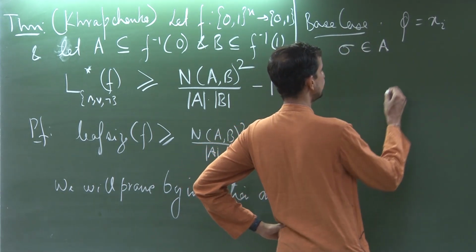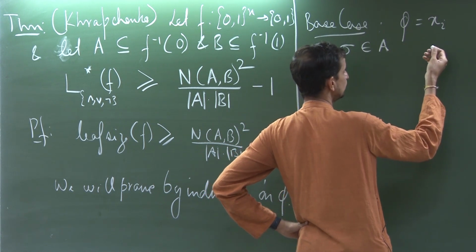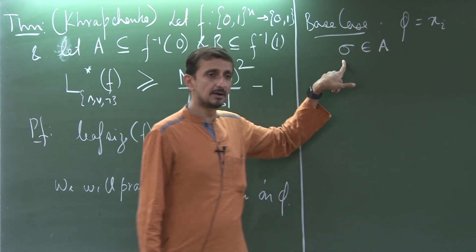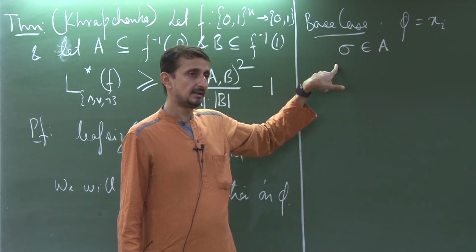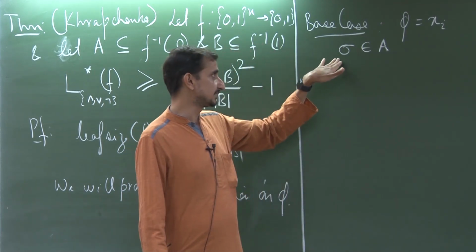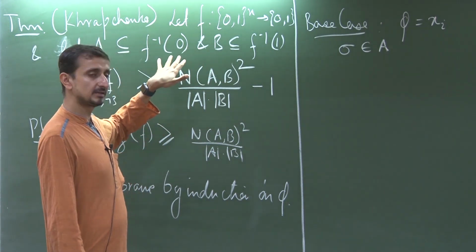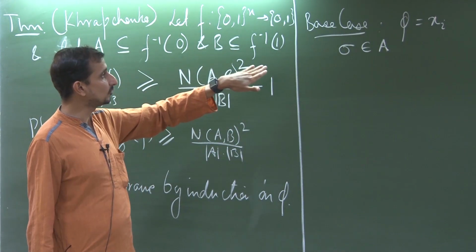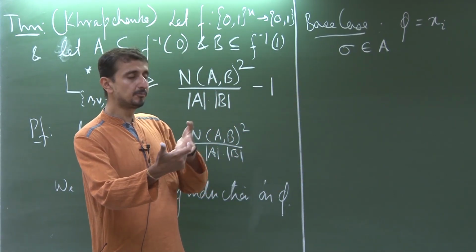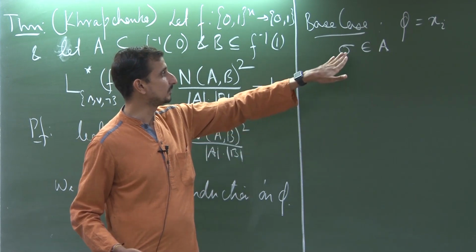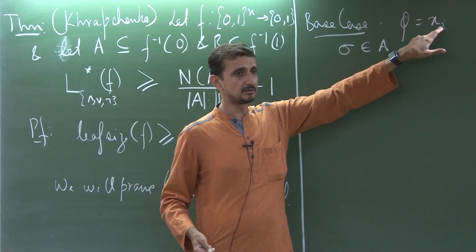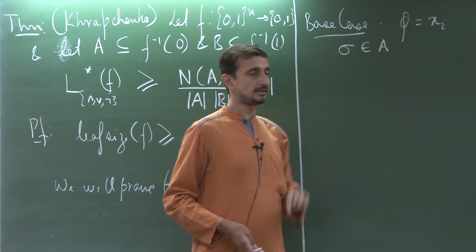If sigma is in A, look at the variable x_i in sigma. That is the only position which can change. Sigma belonging to A means that sigma is mapped to 0. If I want to consider another input which goes to 1 and differs only in one position from sigma, that can only be at the position x_i, because that is the only thing affecting the output.